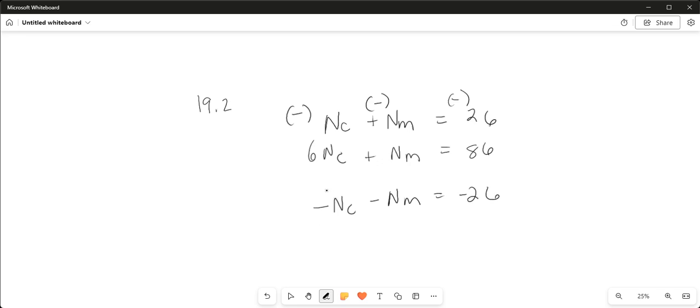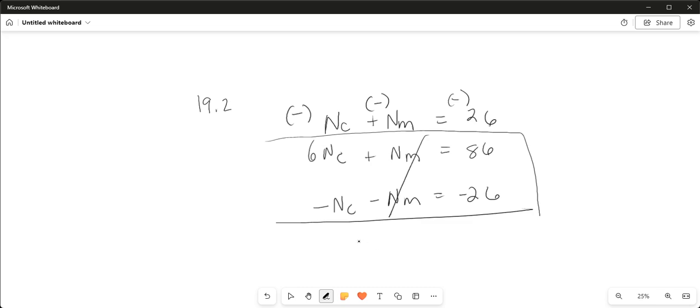And then I can add these two together. So this is going to cancel. This is going to be 5 NC. And then 86 minus 26 is 60. And then we divide by 5.